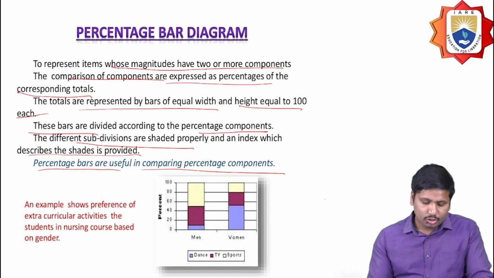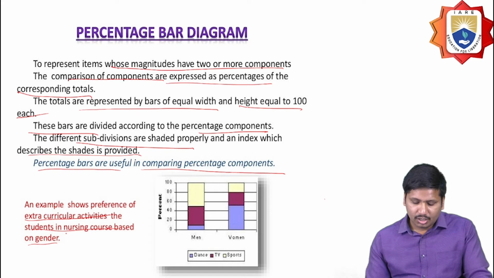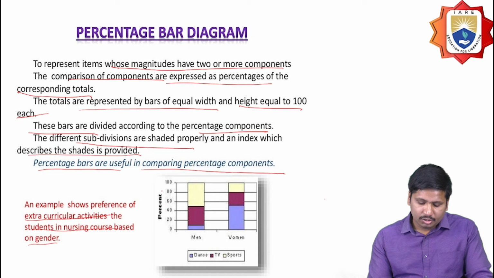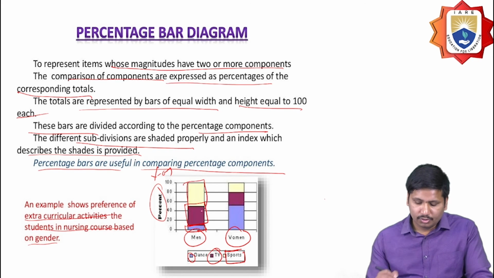For example, I'm going to show the different extracurricular activities of students in a nursing course based on gender. I want to represent how much percentage. On the y-axis I'm taking percentage, and on the x-axis I'm taking men and women. In the men, for extracurricular activities, blue is representing dance, red is TV, and yellow is sports.